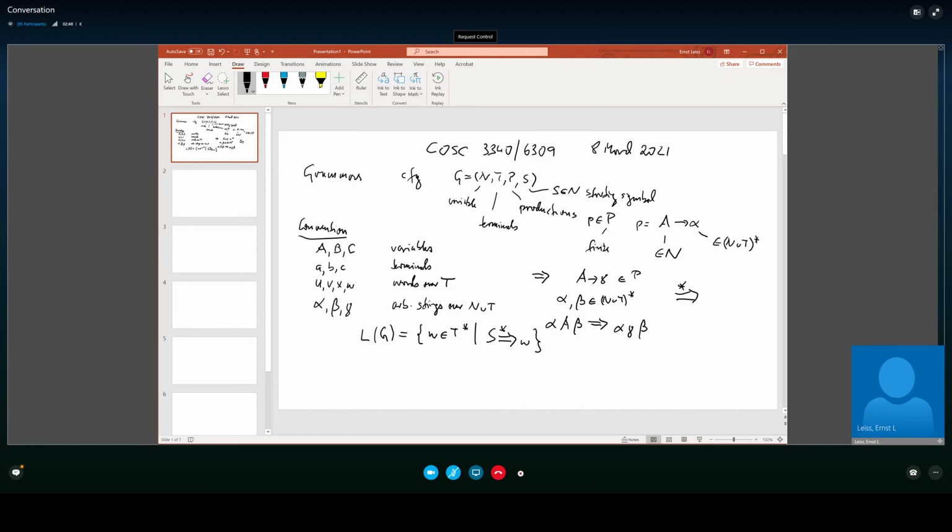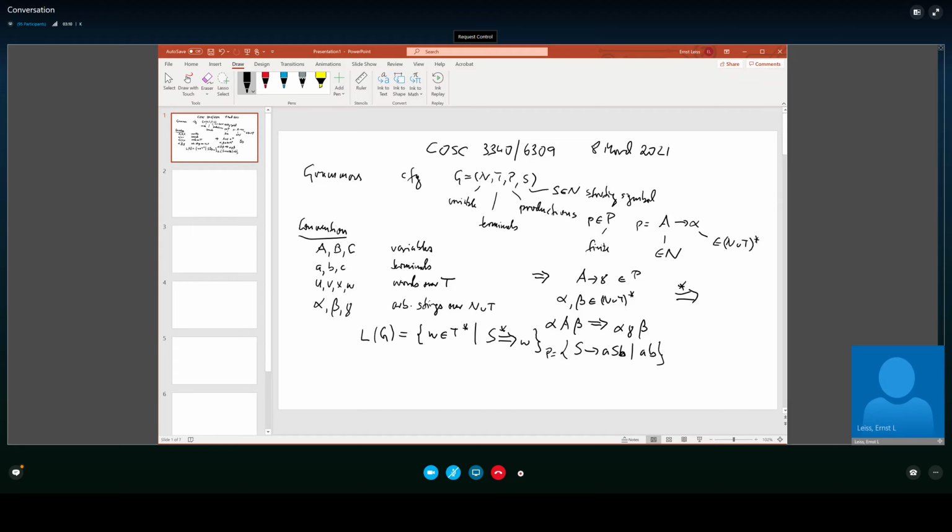And so I've shown you the grammar given basically by the set of productions. Obviously, little a and little b are the terminals.